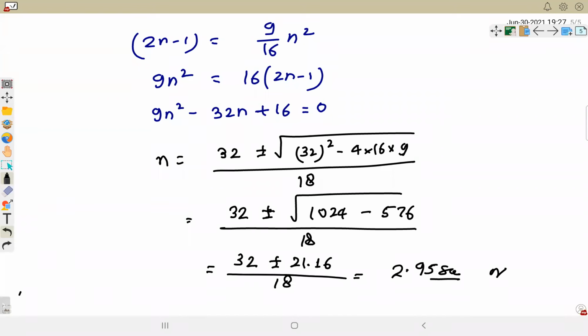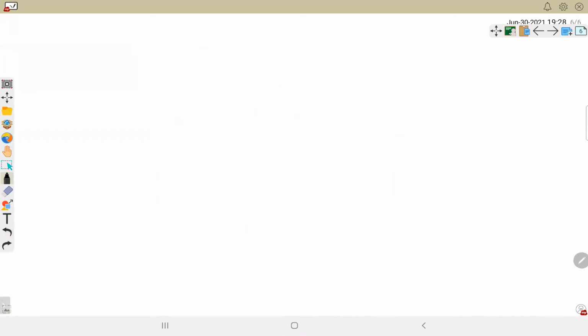Why? Because it's saying that the last second is 1 second, so it is obviously taking a time greater than 1 second. So we will use n as 2.95 to find the total distance covered in the journey.